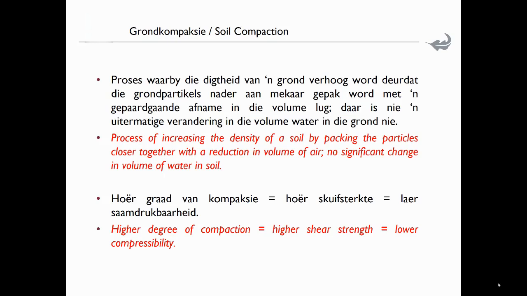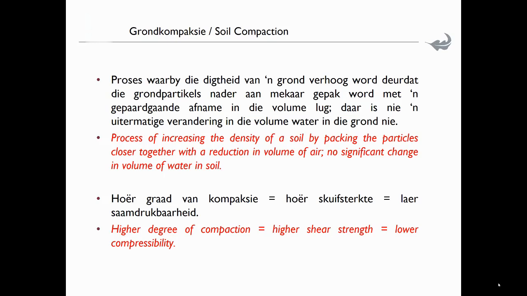Soil compaction is the process of increasing the density of a soil by packing the particles closer together with a reduction in the volume of air, but no significant change in the volume of water in the soil. So compacting it at the current volume of water in the soil, but changing the volume of air.